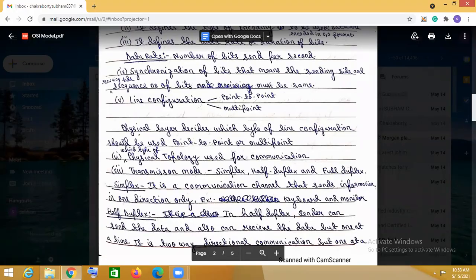Now, an example of this is the traffic sergeant. If you see any traffic sergeant, he is working with a walkie-talkie. In a walkie-talkie, at the same time, sender and receiver cannot send the data.